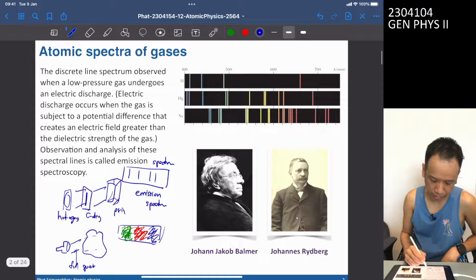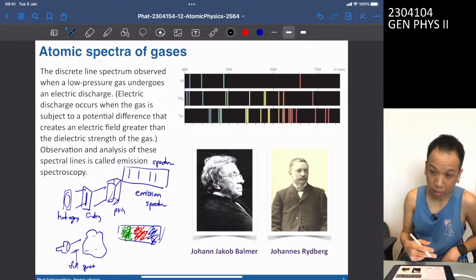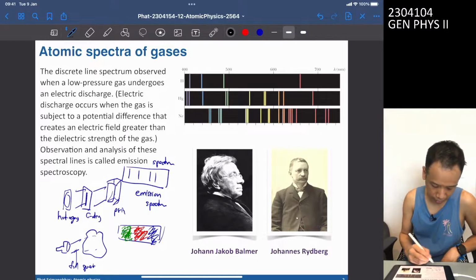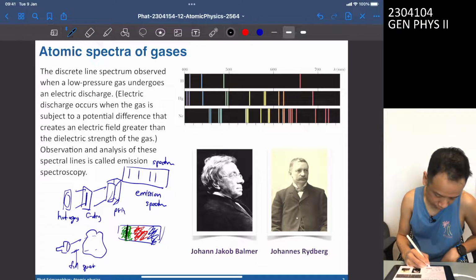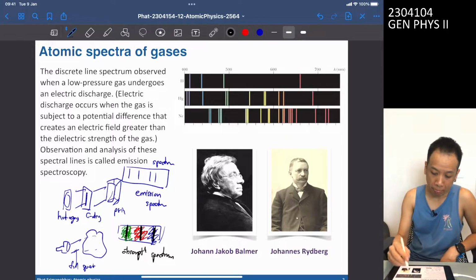This is just an example. Then due to the absorption that can happen in the gas, you're going to have black lines. This is what we call the absorption spectrum.